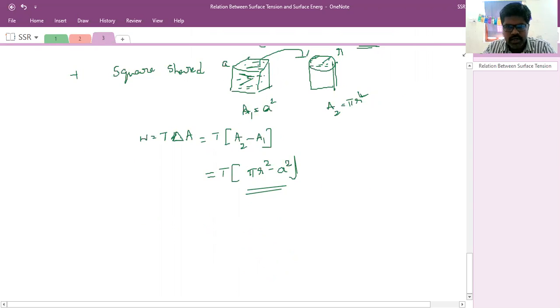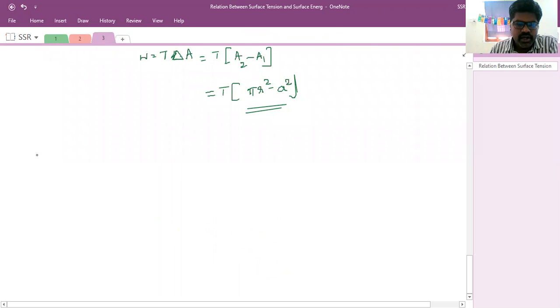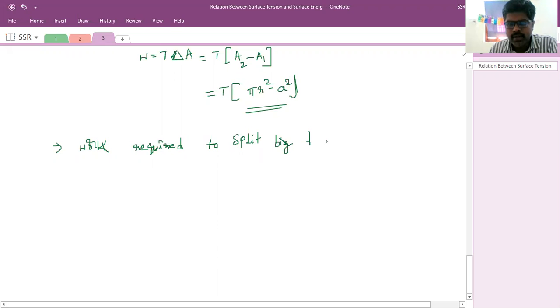Next we will go for one more interesting topic: the work required to split a bigger droplet of water into smaller droplets.